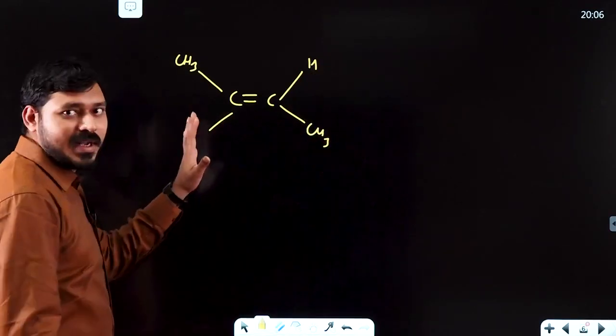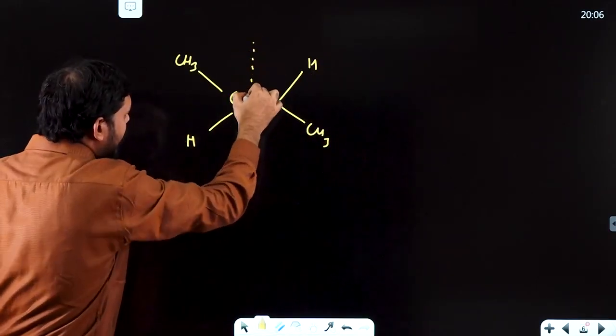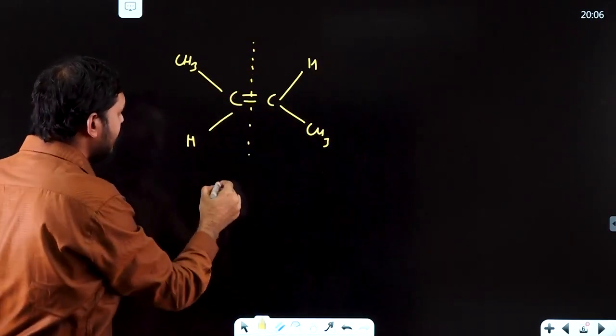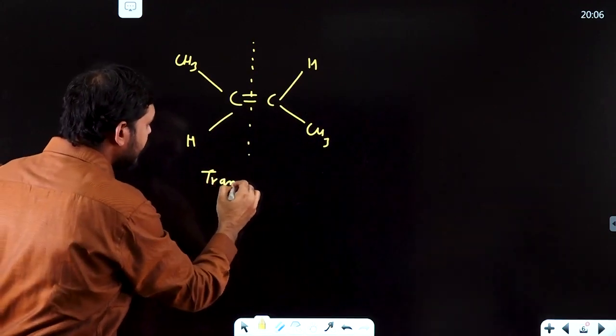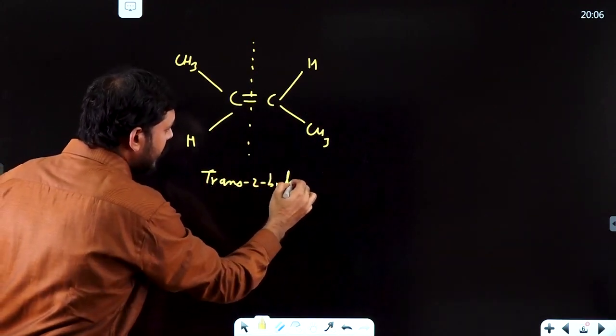Now you understand, suppose this molecule is trans-2-butene, right?